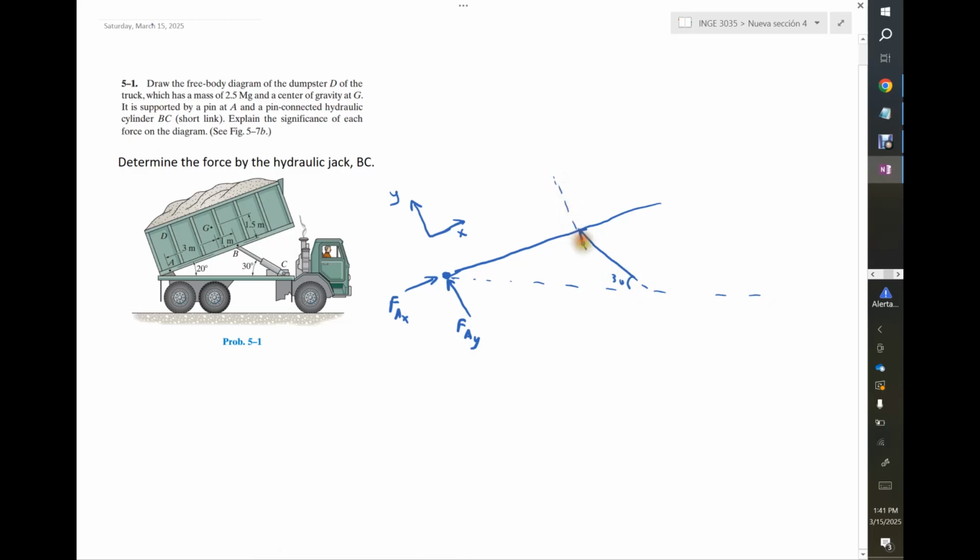Let's call that force FH. You have to get the components of FH in the vertical, in this case the y direction, and also in the x direction.